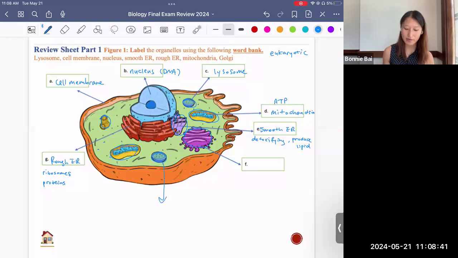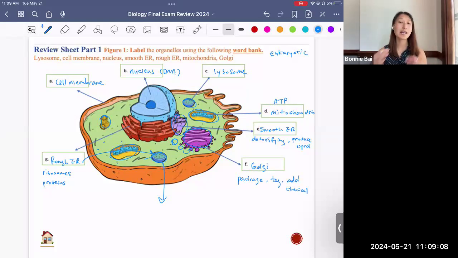But then some of those proteins are very special. They might need to go out of the cell. Maybe the proteins will need to go into the lysosome. But before that can happen, the proteins have to be shipped over in a vesicle and then enter the Golgi apparatus. So the Golgi apparatus is in charge of packaging the protein. It can tag the protein, add certain chemicals to the protein, essentially telling the protein where it is supposed to go.